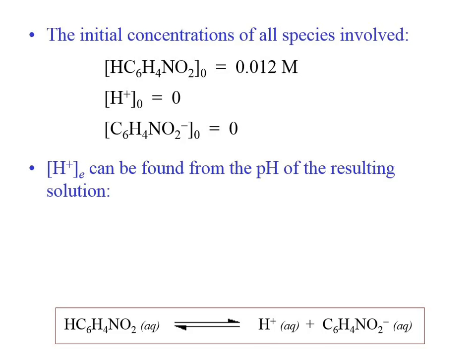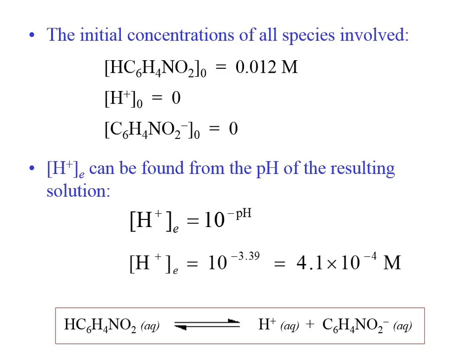So like I said, we're going to backtrack from the pH that was given to get our equilibrium concentration of our H plus. The pH was 3.39, so 10 raised to the negative 3.39 is 4.1 times 10 to the minus 4th moles per liter. That is your hydrogen ion concentration at equilibrium.